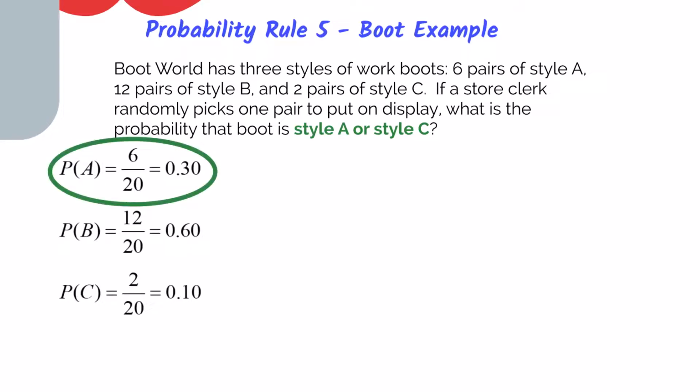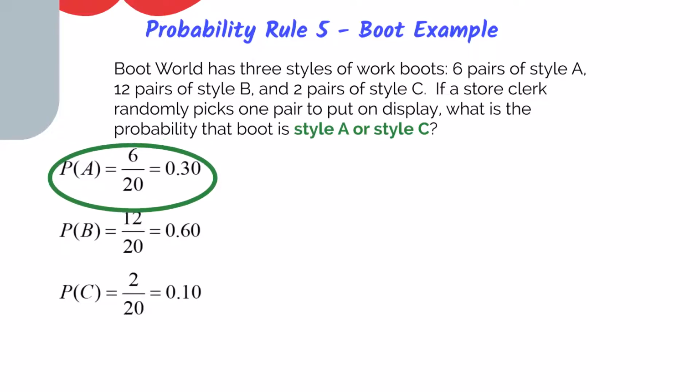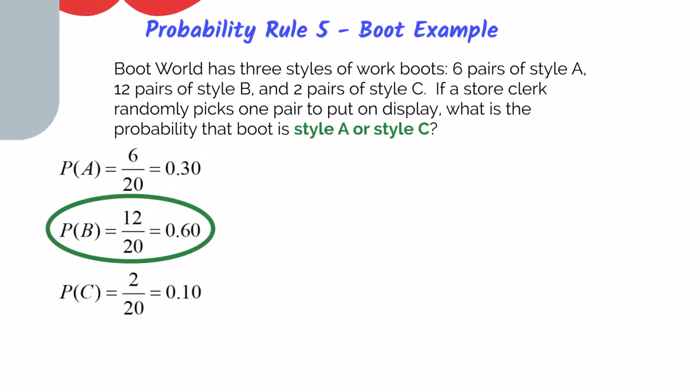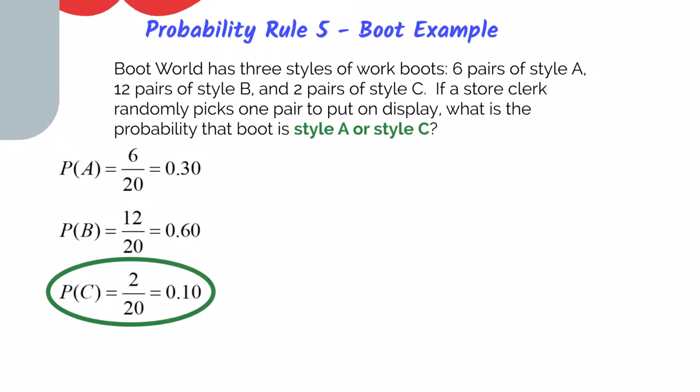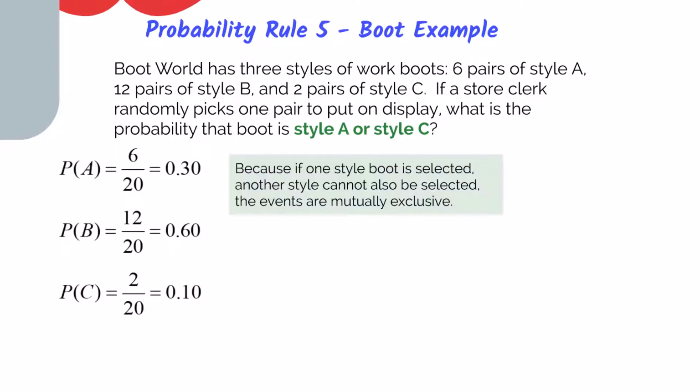We know that there are 6 out of 20 boots, so there is a 0.3 chance of style A. Style B has 12 pairs, so there's a 0.6 chance for this style. And then finally, style C only has 2 pairs, so there's a 0.1 chance for style C. If one boot style is selected, another style cannot be selected because the store clerk can only pick 1 pair.